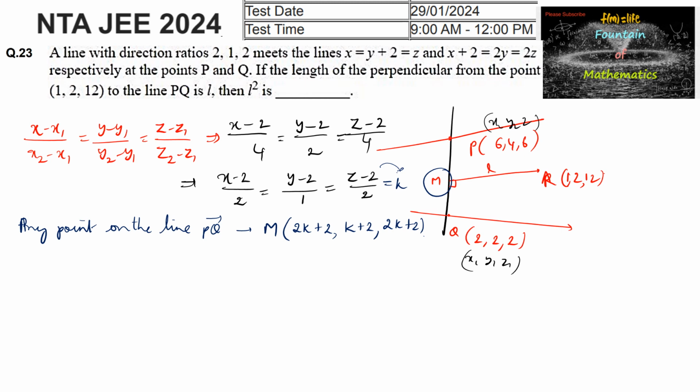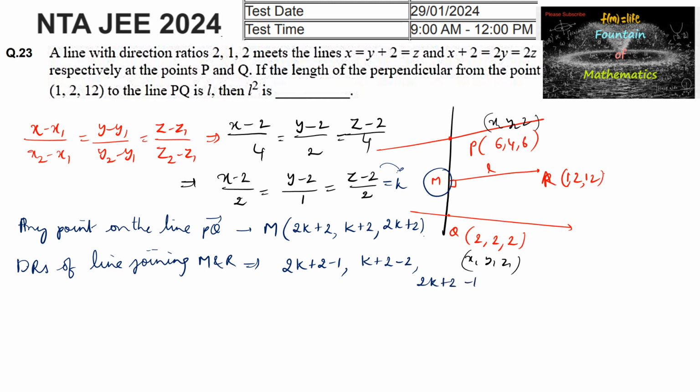So this is the point M, and the direction ratios of line joining M and R can be taken as 2k plus 2 minus 1. So that is 2k plus 2 minus 1 comma k plus 2 minus 2 comma 2k plus 2 minus 12.